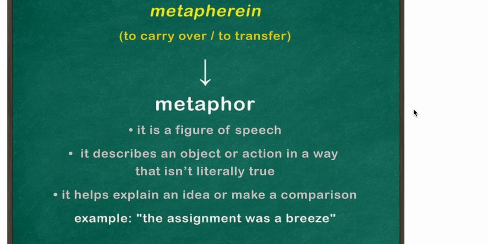Okay, but what it does to us is to help us understand an idea by the comparison it makes. So, for example, the assignment was a breeze. So, when we say the assignment was a breeze, it's not that the assignment is air, but it means that it's easy. But we are saying that it is air, but it's not literally. So, that's what it means.